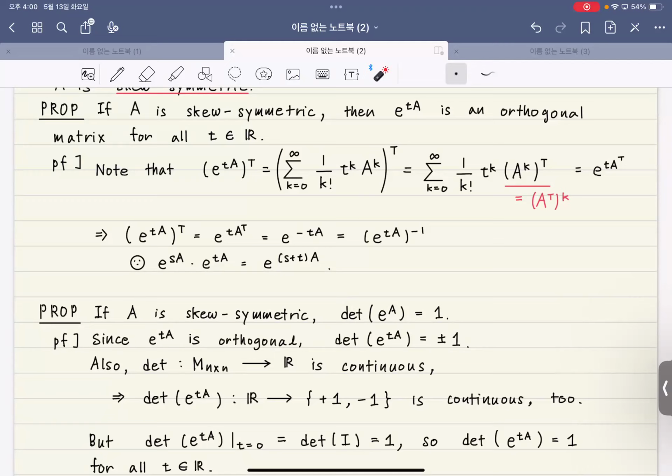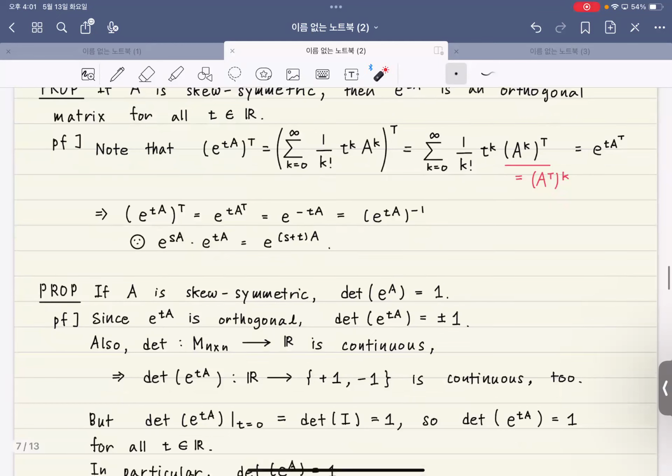The point is the codomain of this function is two discrete points. And if your function is continuous, it cannot allow any jump discontinuity, right? So in order to be continuous here, your function value must be either constantly plus 1 or constantly minus 1, right? Because a continuous function can never allow any jump discontinuities.